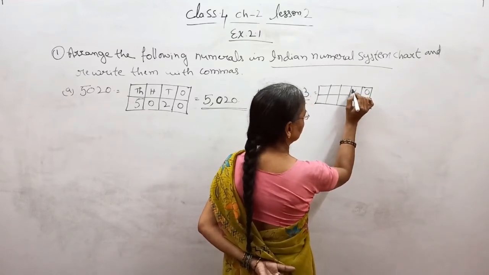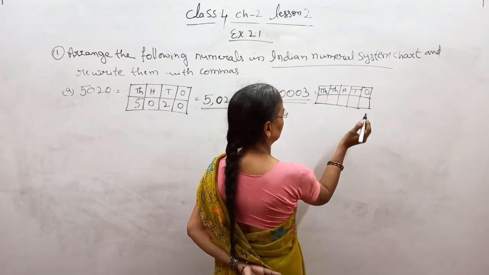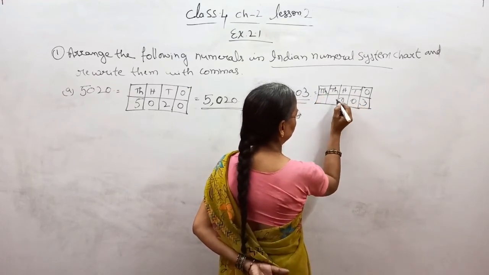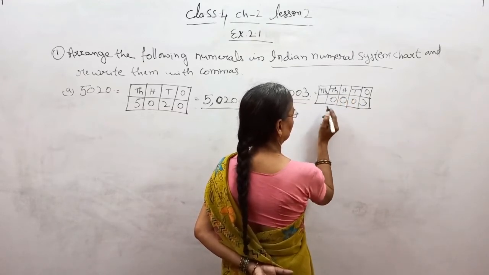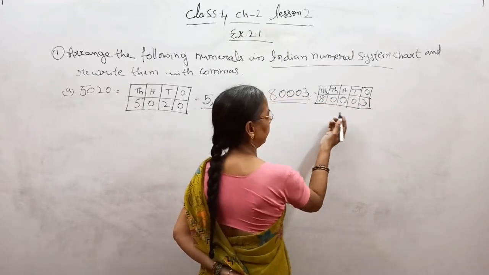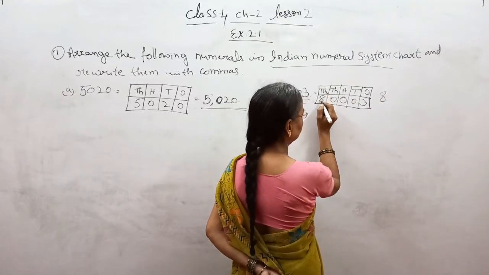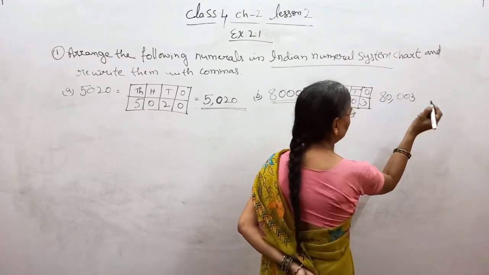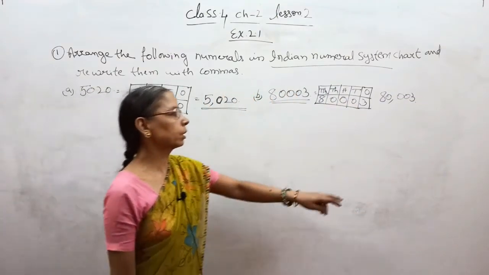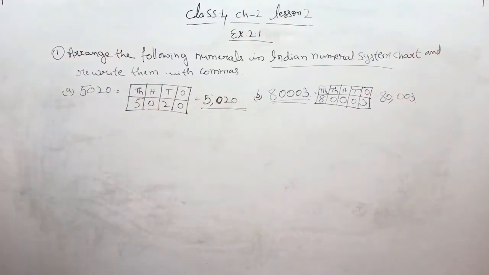Here 3,000, then 8 in the 10,000 place means 80,000. That is 80,003. Like this, we put the comma in this number. The remaining 2 questions are given to you as homework.